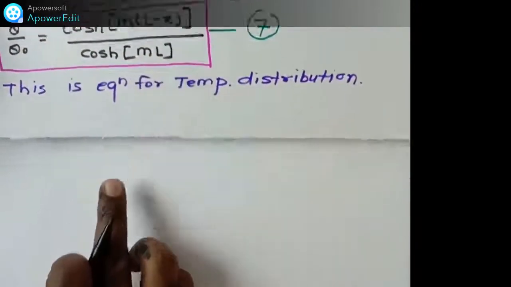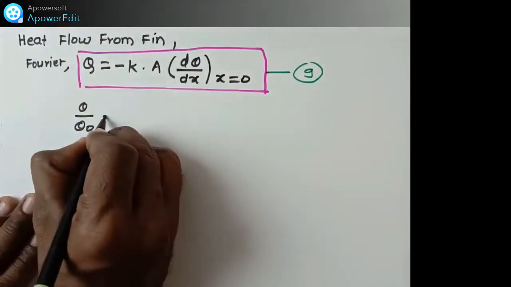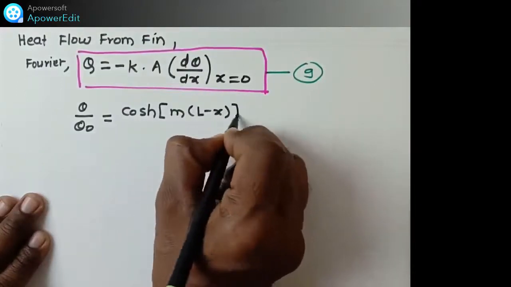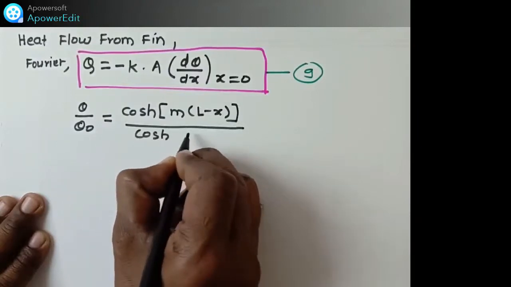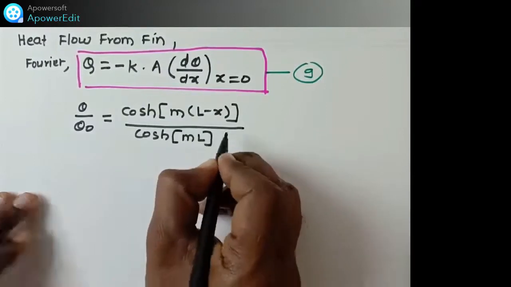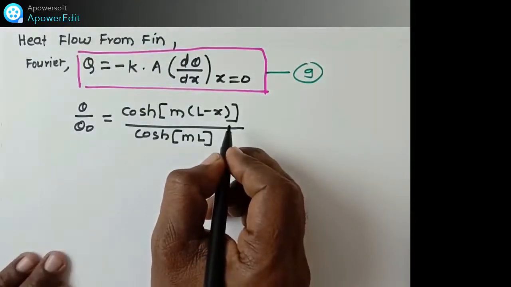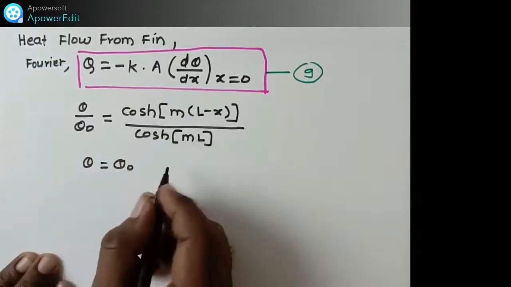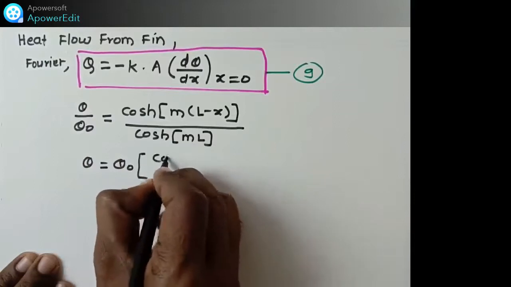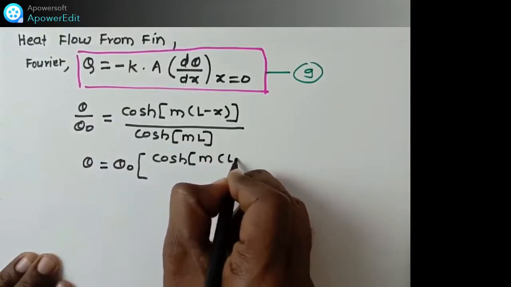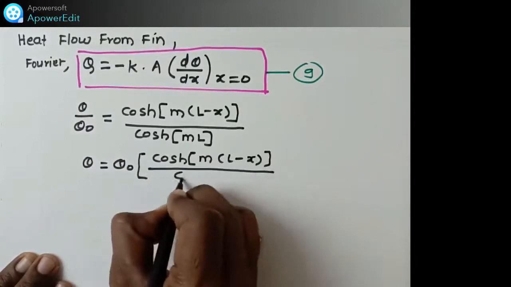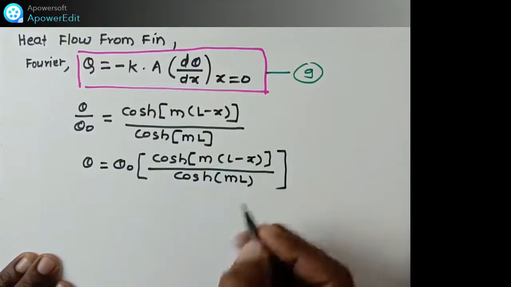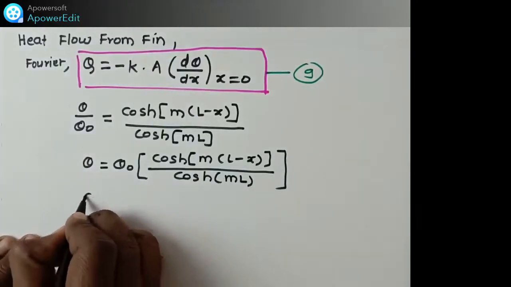This equation we will arrange in this way: theta is equal to theta 0, and this right side we will take inside the bracket. In this way. Now differentiate this equation.